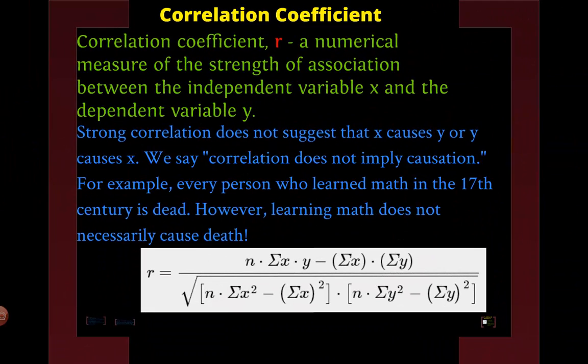All right, so correlation. The correlation coefficient is R, and all that is just a number. I don't know why they picked R. C would have made sense because correlation, but they picked R, and it tells us the strength of the association between the independent variable and the dependent variable.